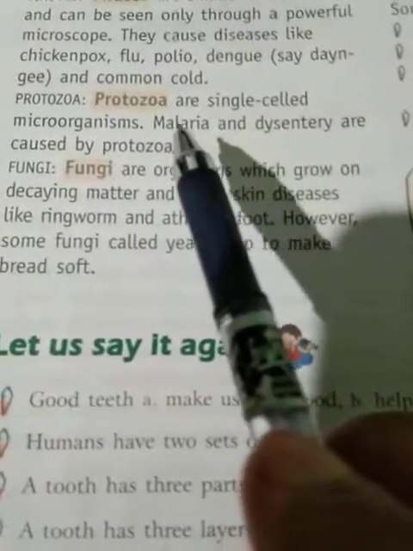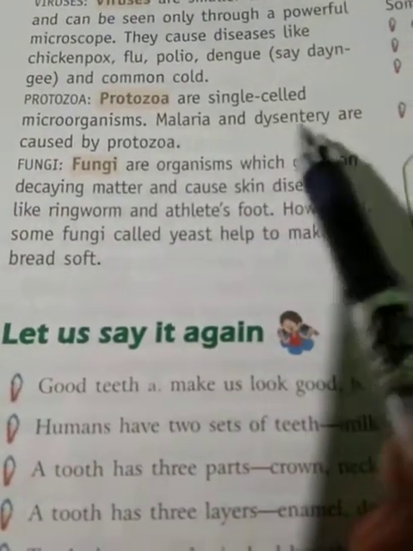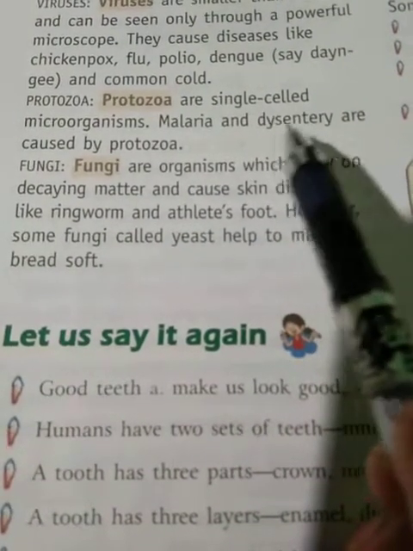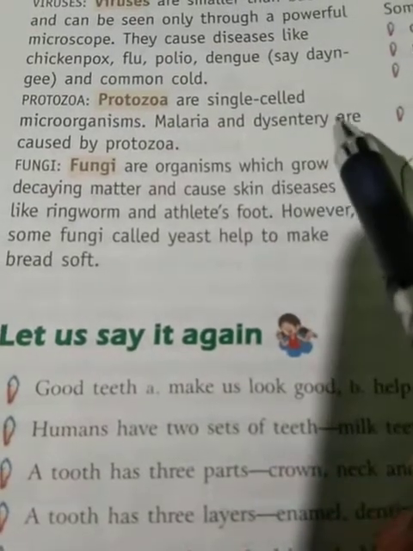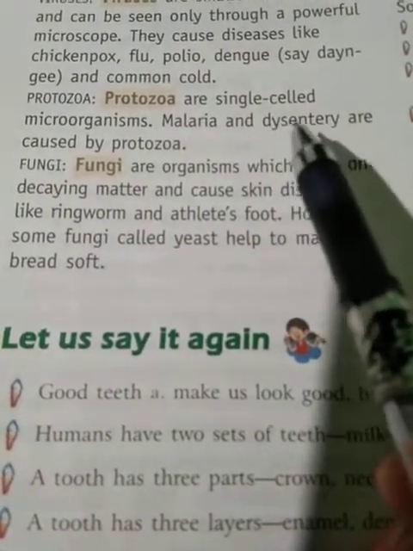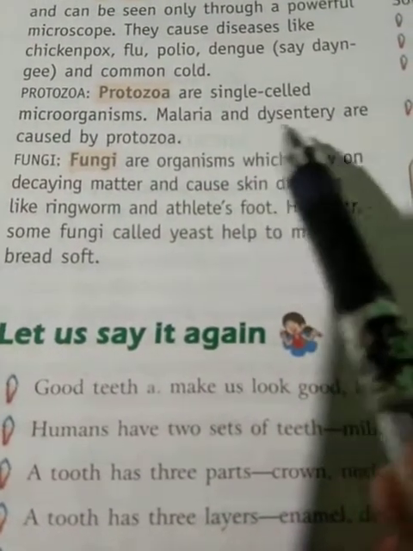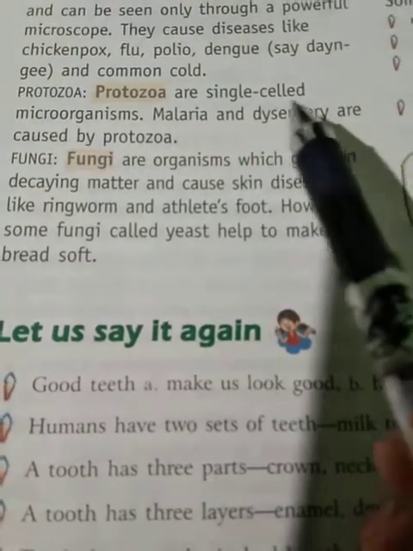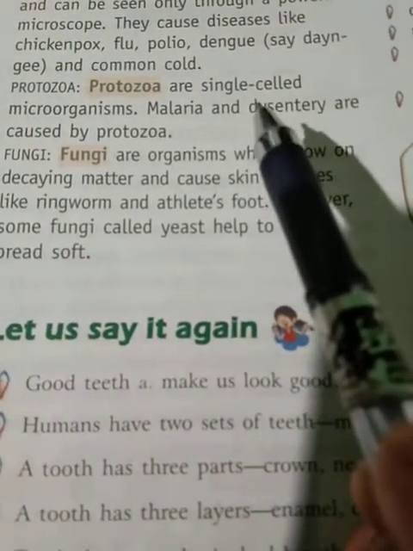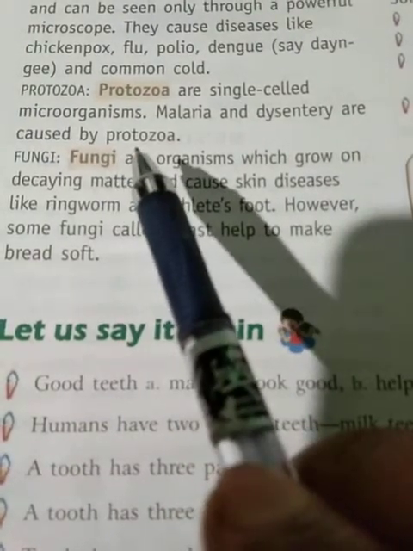Malaria, we all know, is a very harmful disease, and due to dysentery sometimes a person may even die. It is a very dangerous disease, but normally people don't show that much concern. Now dysentery and malaria are normally caused by protozoa.